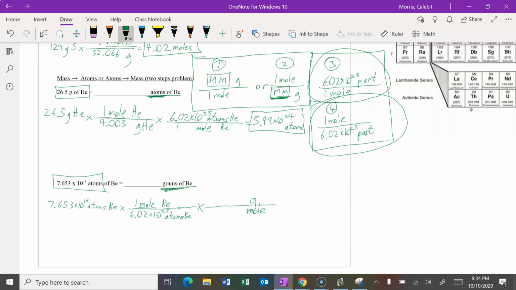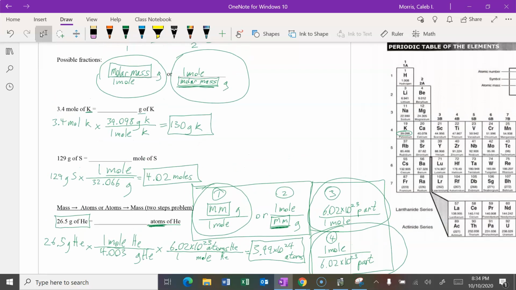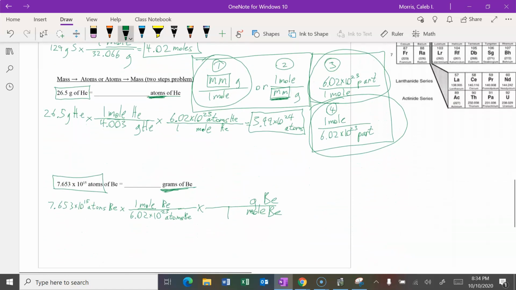So moles and grams. Looks like that is conversion factor number 1. My molar mass in grams equals 1 mole of beryllium. So I'm looking for Be. What are the grams of Be in 1 mole? It's right here, 9.012.